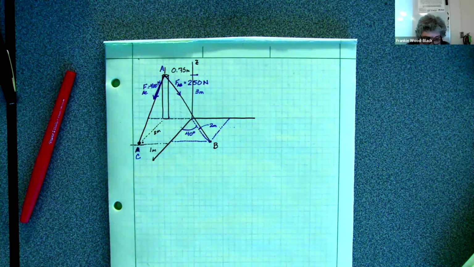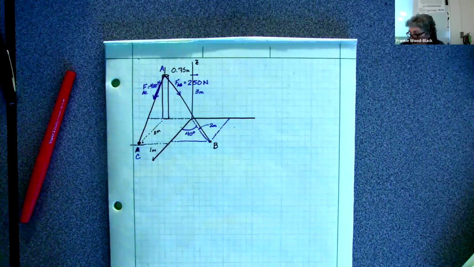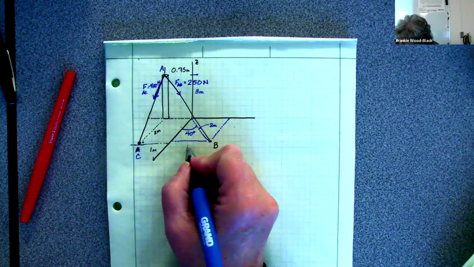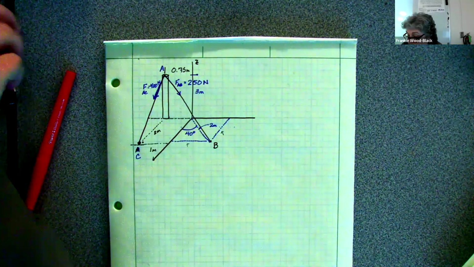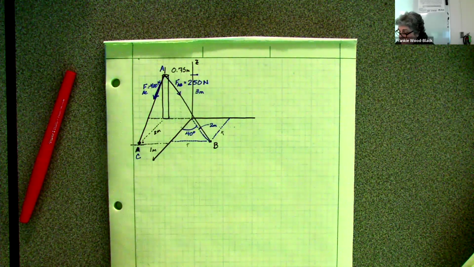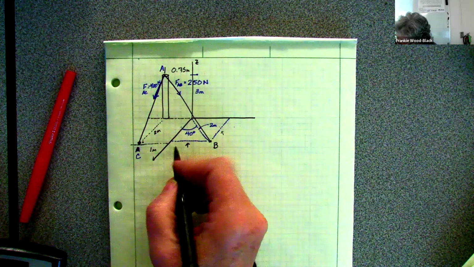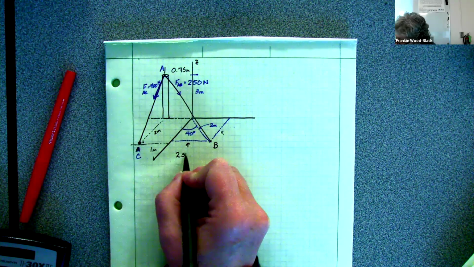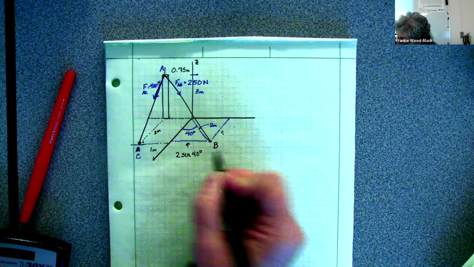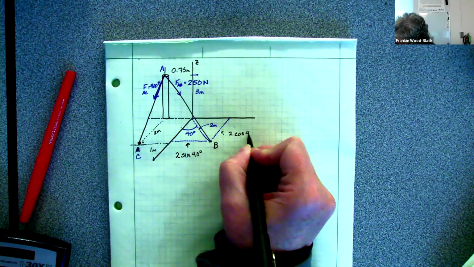All right. So how I would approach this problem is I'm going to figure out this side and I'm going to figure out that side. So I'm not having to carry sines and cosines through everything, right? So if this side is going to be 2 sine 40 degrees, this side is going to be 2 cosine 40 degrees.